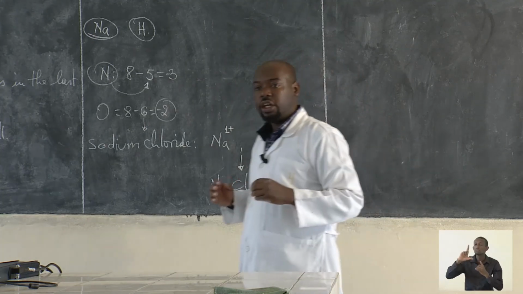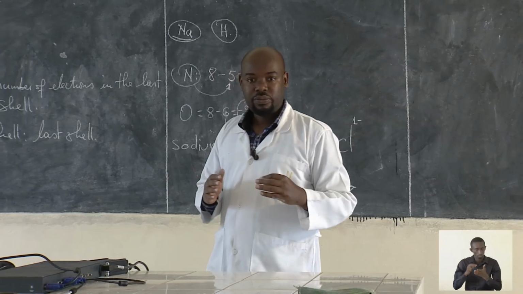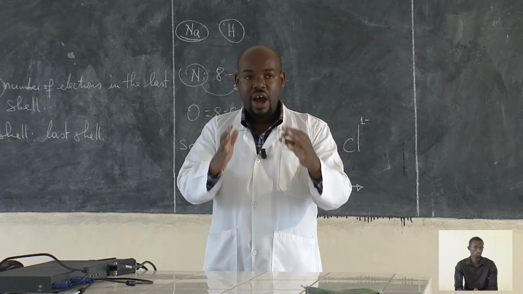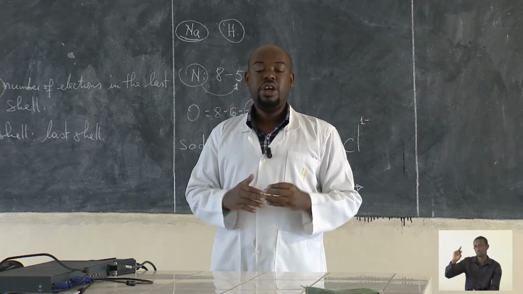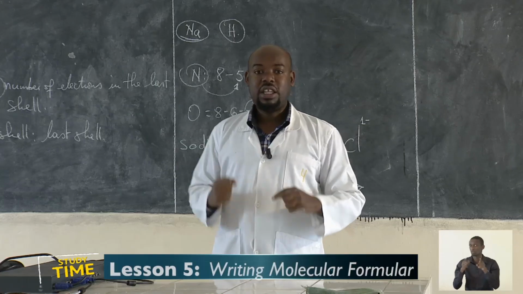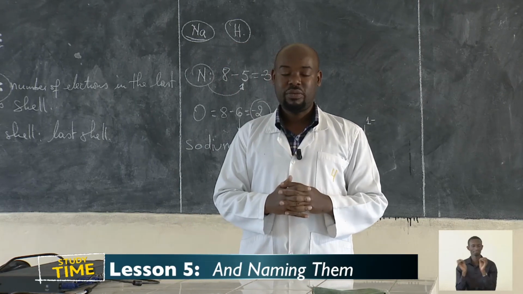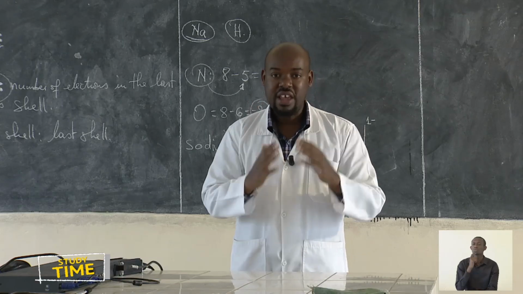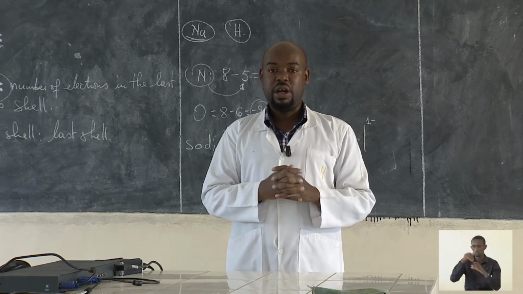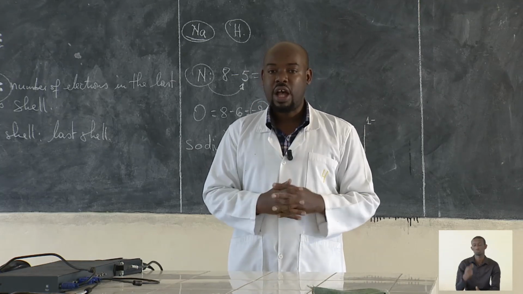You have to check if the valences are similar, you remove them. But if they are different, you cannot remove them. They should stay there in the molecular formula. We will see an example for that.